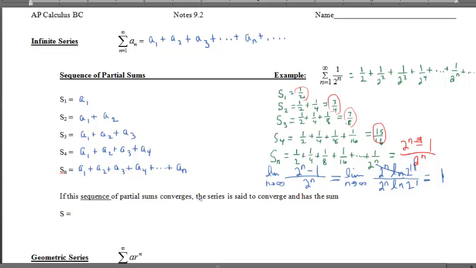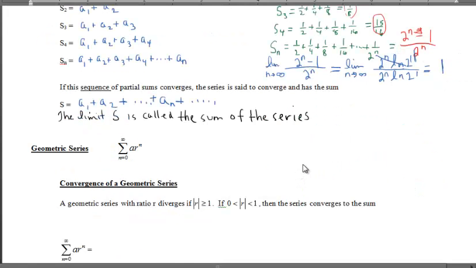If this sequence of partial sums converges, the series is said to converge and has the sum a sub 1 plus a sub 2 plus dot dot dot plus a sub n plus dot dot dot. It's just telling us that there is a sum. And the limit S is called the sum of the series.